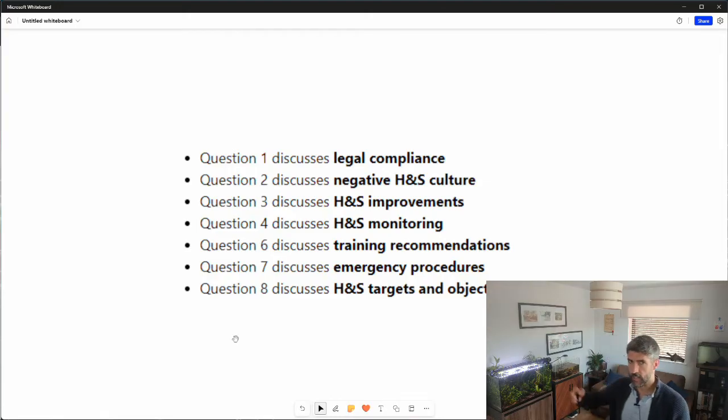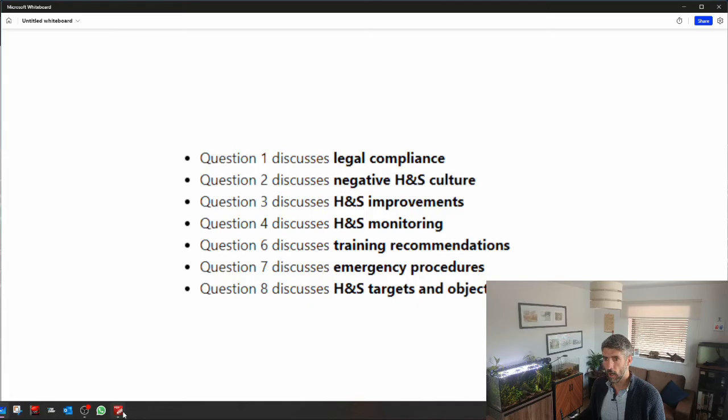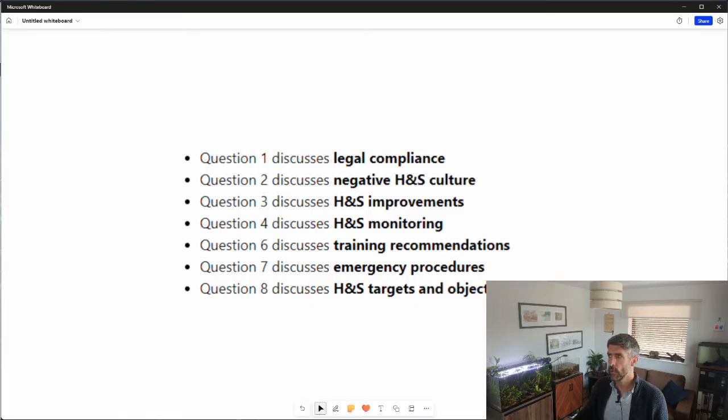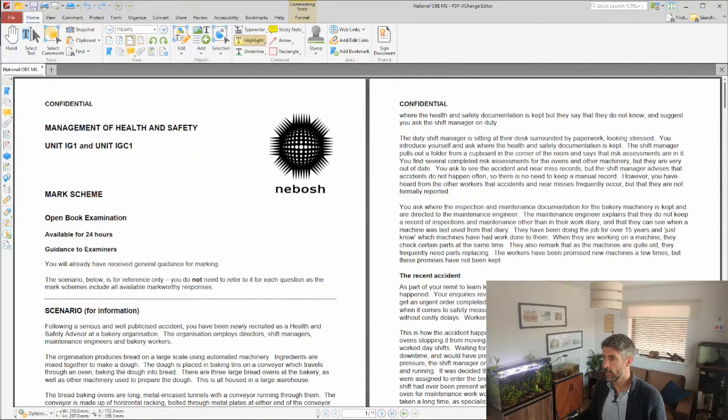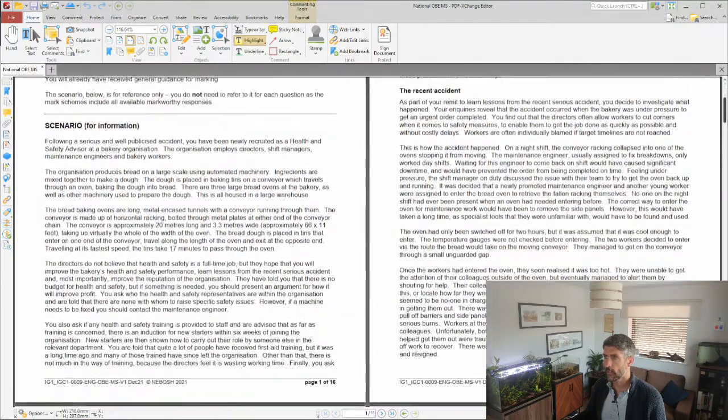You're almost guaranteed, I think, to get a mark if you can adequately cover each of those, because like I said, NEBOSH has decided to base a question around it, so there must be relevance there. But beyond that, I don't think this is something that you need to overcomplicate. Just go through the scenario if you're still looking for ideas and identify things.